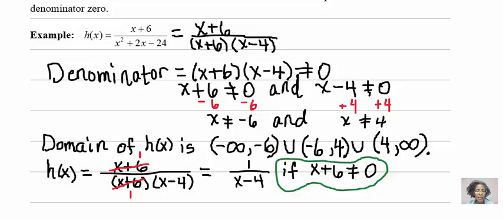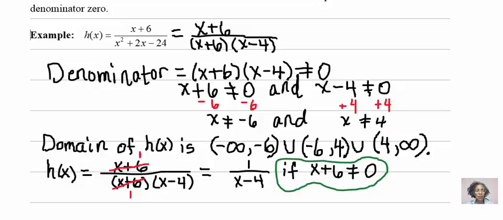So when I eliminate this common factor of x plus 6 by dividing numerator and denominator by x plus 6, I have to keep in mind that the process that has occurred is division, and I can never divide by 0. So what was I dividing by? X plus 6. In order for h to equal this result, what I have divided by cannot be 0.